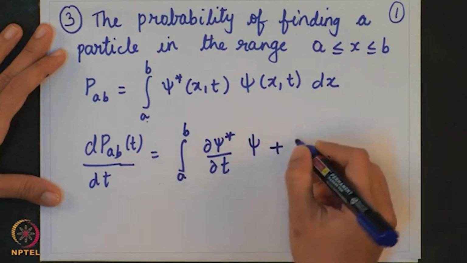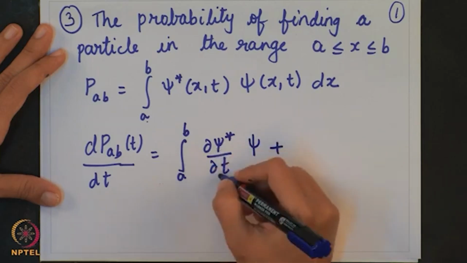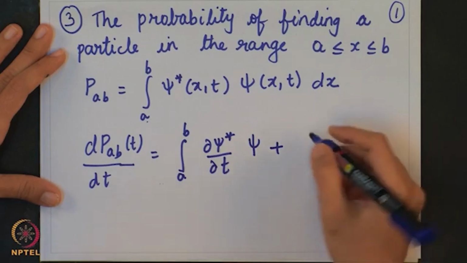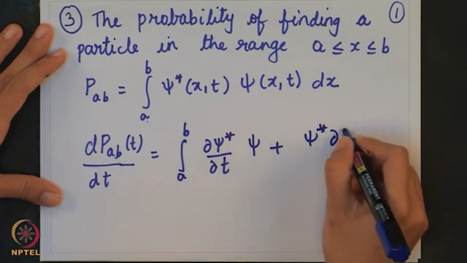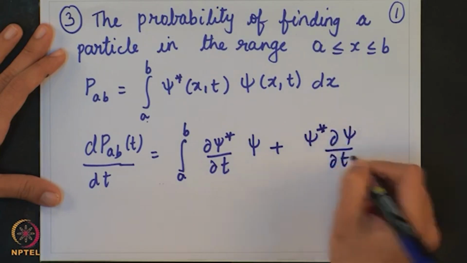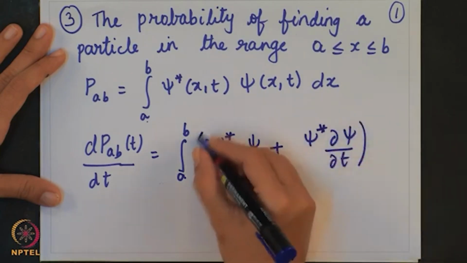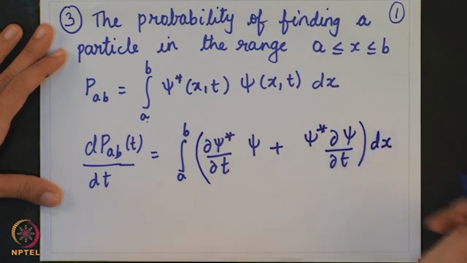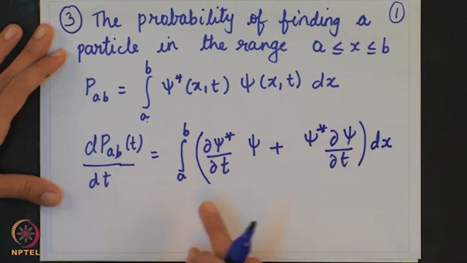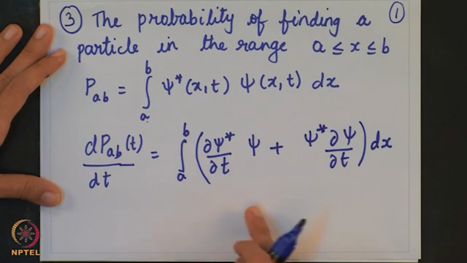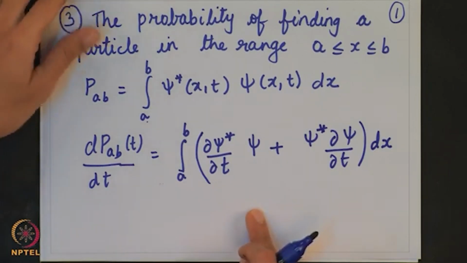I will have two terms: psi star times derivative of psi with respect to t, and the other term, psi times the derivative of psi star with respect to t, and the entire thing times dx. So this is what we have. Now we have to rewrite it in the form given in the question, which is the probability current density.